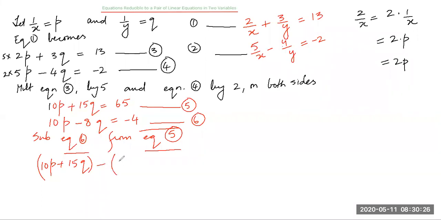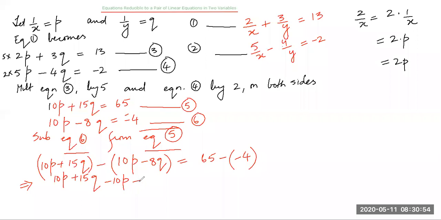So you'll write the left hand side of the sixth equation, that is 10p minus 8q, is equal to, again, the right hand side of equation 5, 65 minus of minus 4. Remember, be careful about the sign. The minus sign is there. Now here, guys, when this bracket is opened, this becomes 10p plus 15q minus 10p, minus minus becomes plus 8q, is equal to 65 minus minus 4, that is 69.